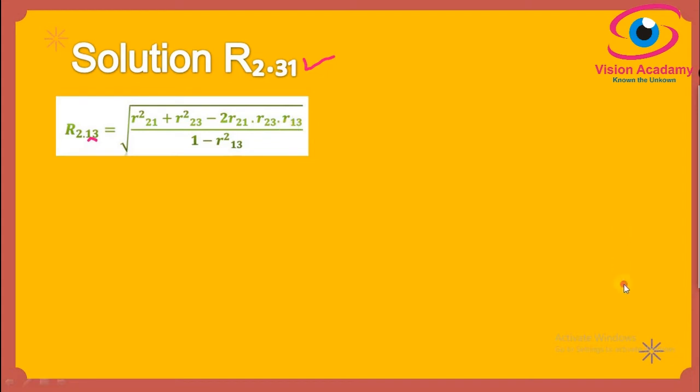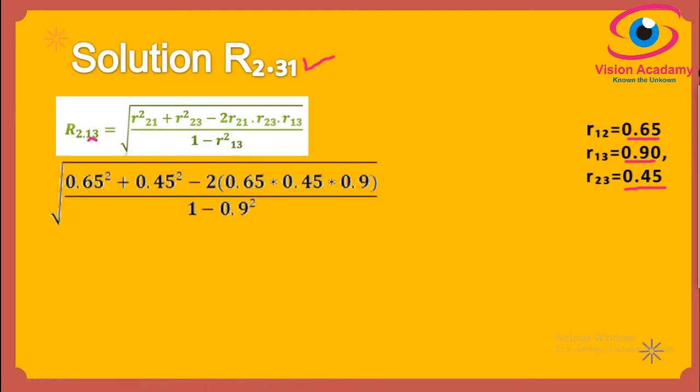So we have the necessary information given in the problem. This information is to be replaced in this formula. R12 is equal to 0.65, R13 is 0.90, R23 is 0.45. Then let us replace the values in the formula. Firstly R square 21, where 1 2 or 2 1 are both same, is 0.65, so 0.65 square.